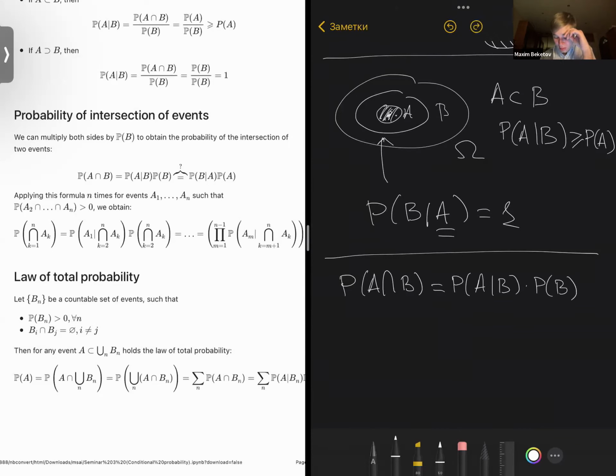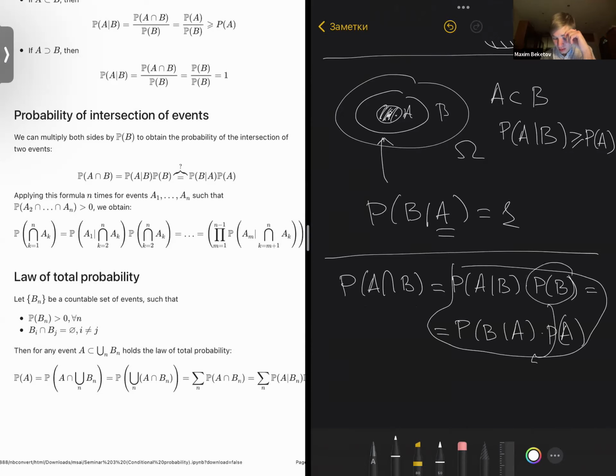You can open it up like this, but this left-hand side is symmetric with respect to A and B, right? The right-hand side is not. So you can do it in the other order, and you get P of B given A times P of A. And this equality is basically Bayes' rule, right? Because you can take P of B to the denominator of the right-hand side, and you get the Bayes formula, right?